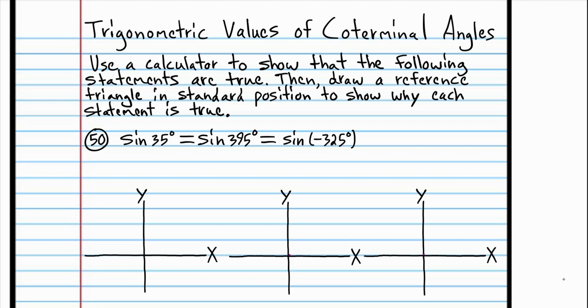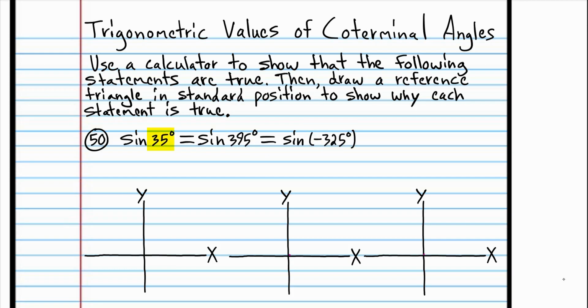So let's say you choose sine. If you plug in coterminal angles, these yellow angles just happen to be all coterminal, into that function, you're going to get the same answer. Because the reference triangles that are going to be created are all going to be the same.